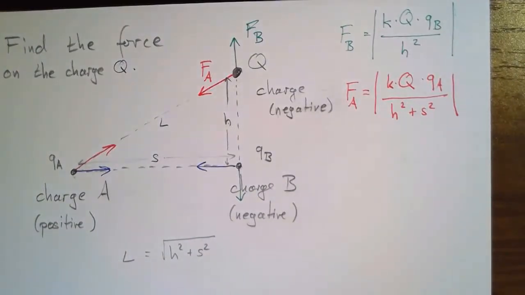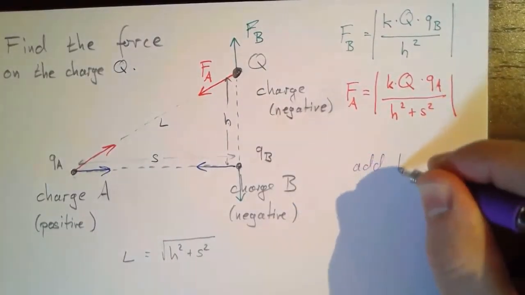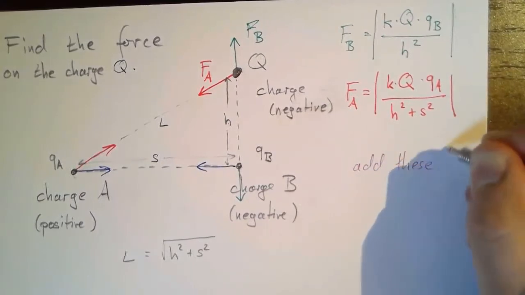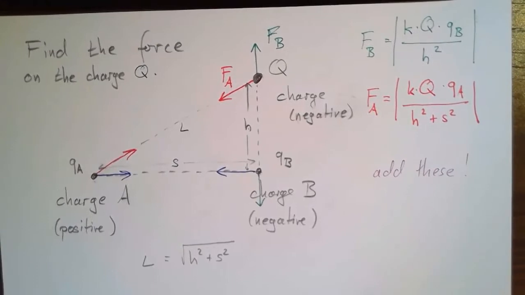Okay, now I know the strength of each one. Now I want to find the total force, so I have to add them. But because they're in different directions, I have to add them as vectors. And you know about vectors. It's a basic math skill you need to have.